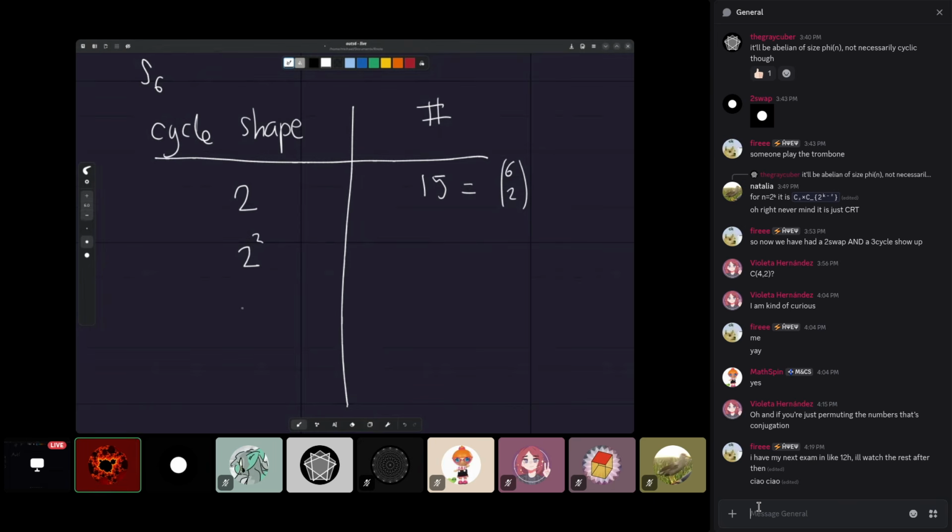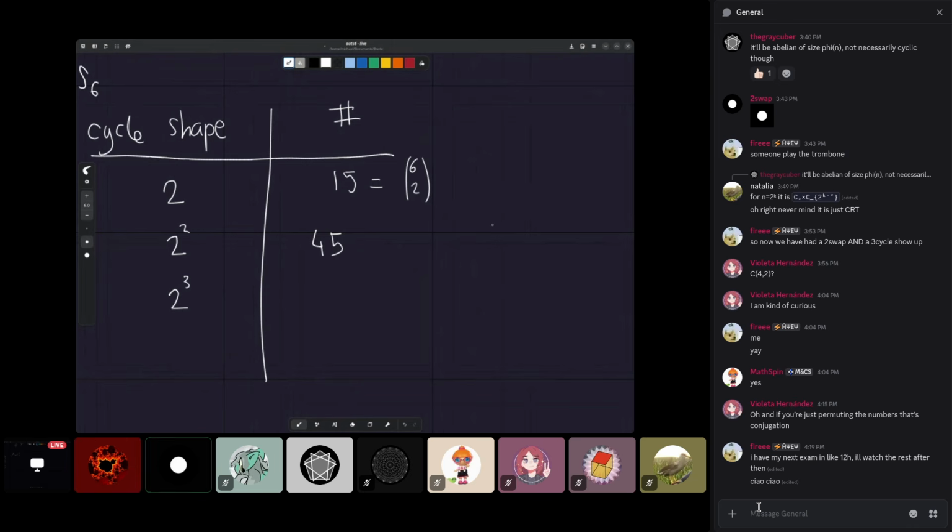And then the other one, of course, is 3 disjoint 2 cycles. So we've got these 2. What are these 2? 105? 105 is not correct. So it'd be 75? 45? It is 45. Why is it 45?